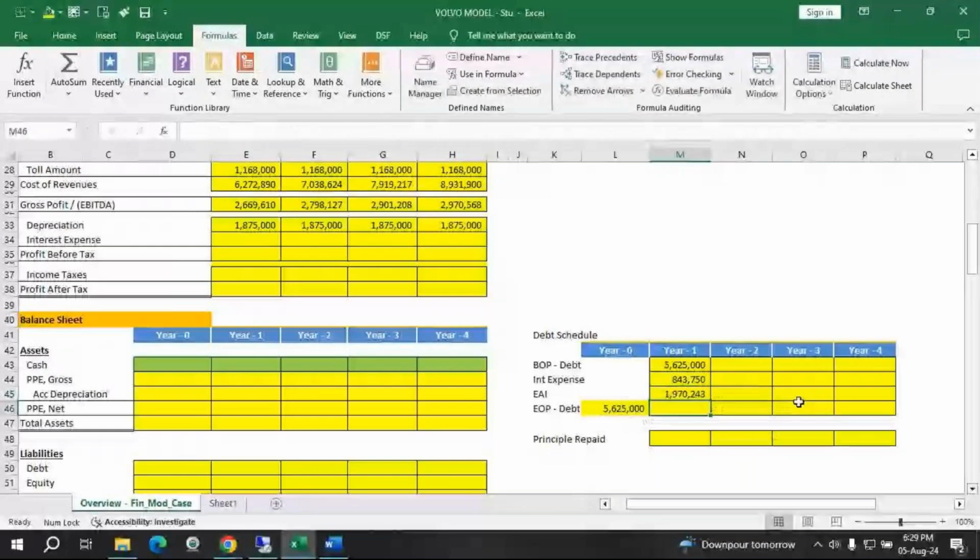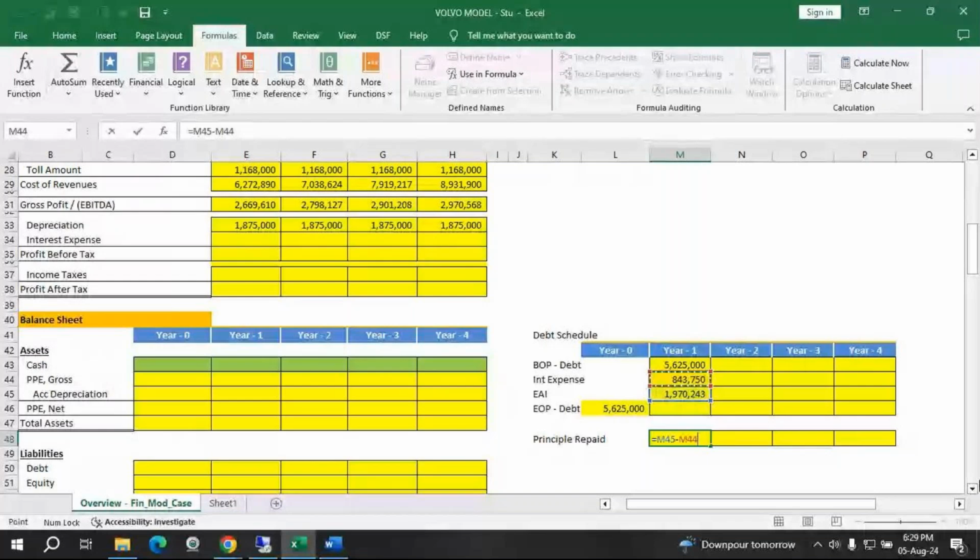Now I have to find the EOP, that is end of the period. Before that, I need to calculate the principal repaid. That will be EAI minus interest expense. Whatever the EAI, equal annual installment, if I remove the interest amount from it, the remaining is the principal amount I have repaid.